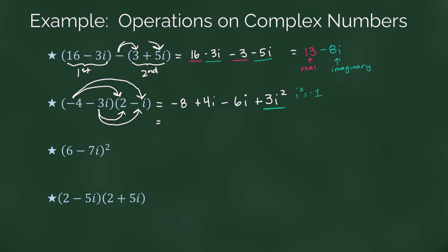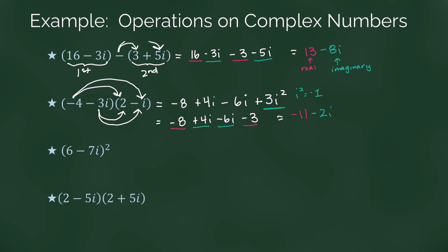So we could rewrite this expression as negative 8 plus 4i minus 6i minus 3. Now our real parts are negative 8 and negative 3, which give us negative 11. Our imaginary parts are 4i and negative 6i, which gives us negative 2i as our final answer.